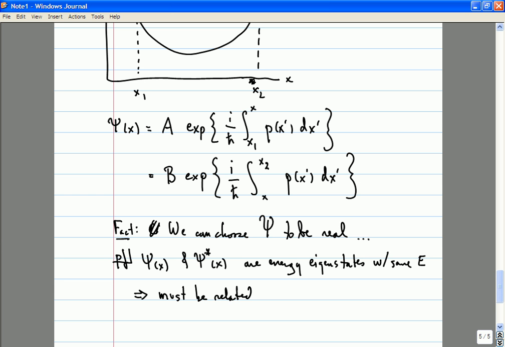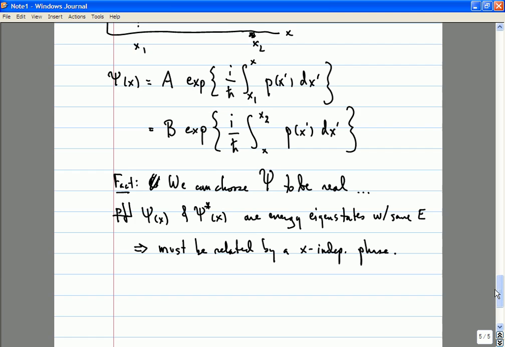And remember, they have to be related by an overall x-independent phase. So if psi and psi star are related by an overall x-independent phase, then that means that the real part of psi is also a solution to the Schrödinger equation with the same value of the energy.